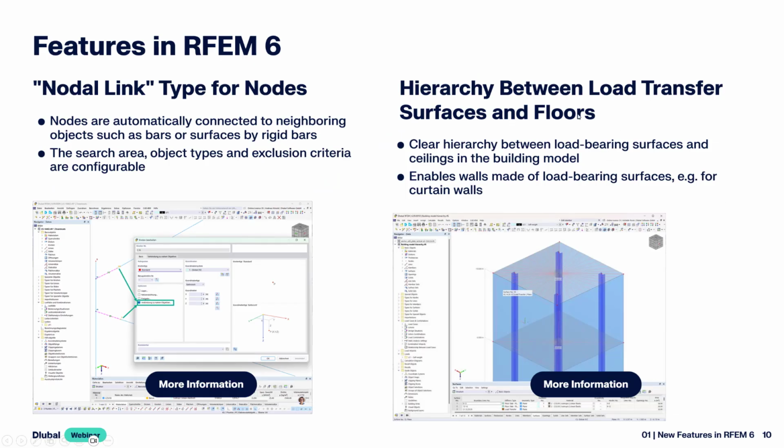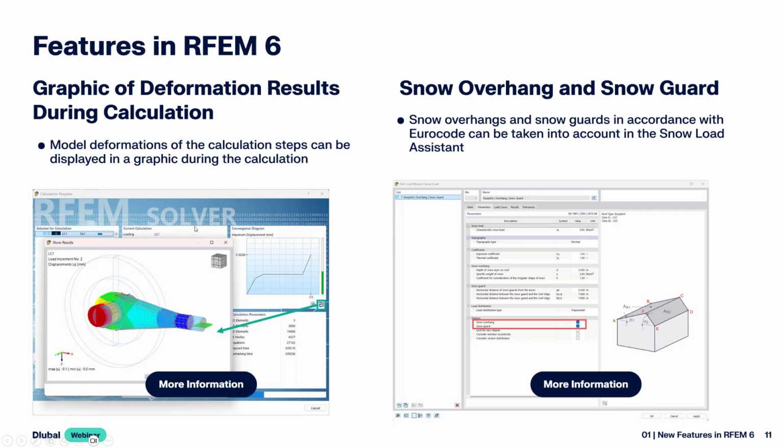Hierarchy between load transfer surfaces and floors. That's, for example, for certain walls usable. Then you can watch at the graphic of the deformation results during the calculation with that button here. Snow overhang and snow guard can be taken into account for the Eurocode.